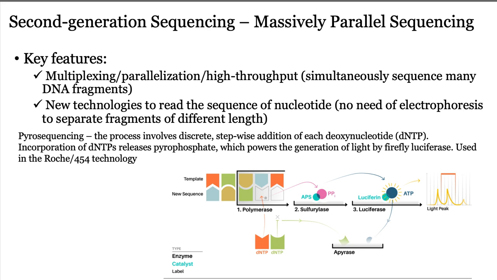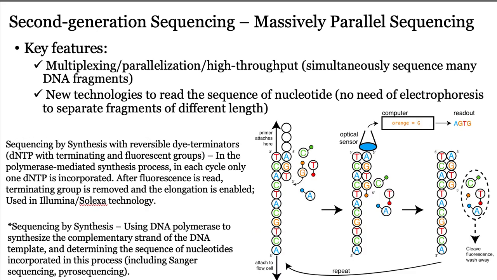An alternative is called sequencing by synthesis with reversible dye terminator. It's a very long name. First, sequencing by synthesis is basically any sequencing technology that uses DNA polymerase to synthesize the complementary strand of the template DNA. We have the template DNA, usually single-stranded.